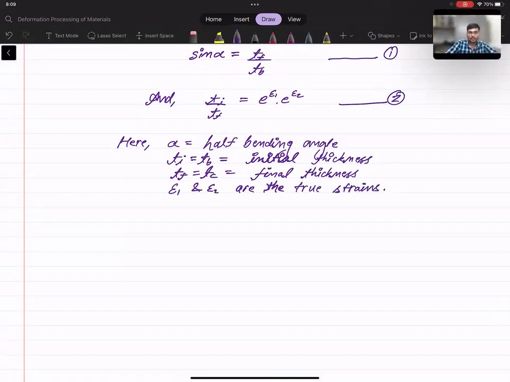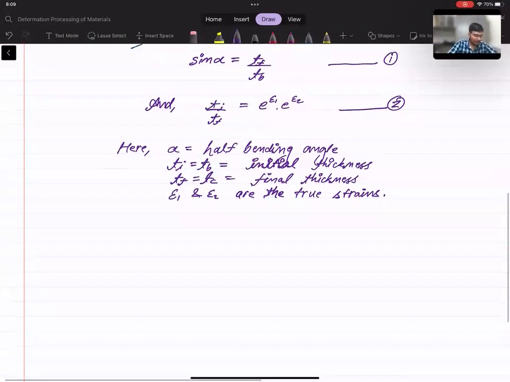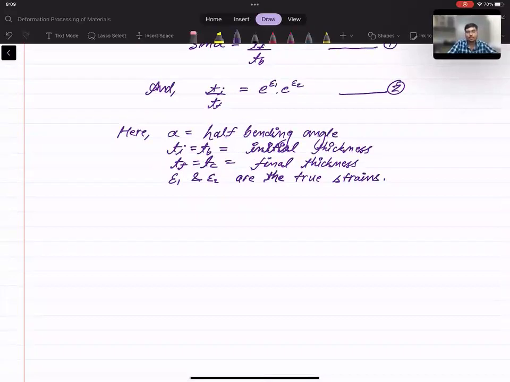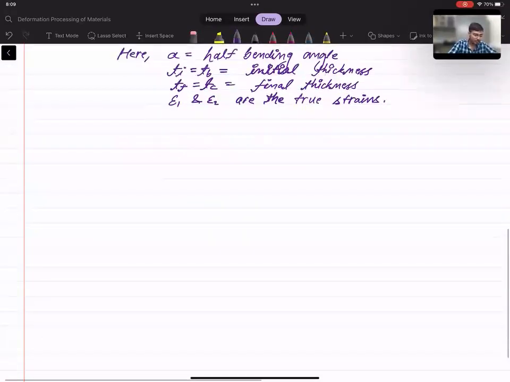Okay, so let us quickly see a very short numerical based on these two relations. Basically, there is a numerical problem which has two parts.